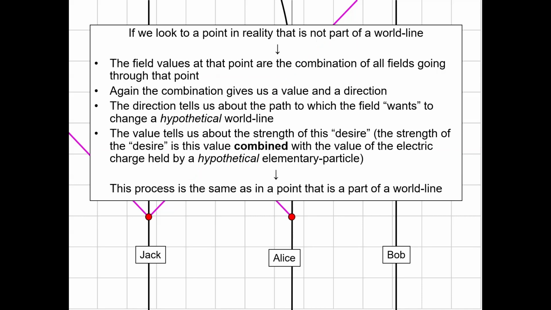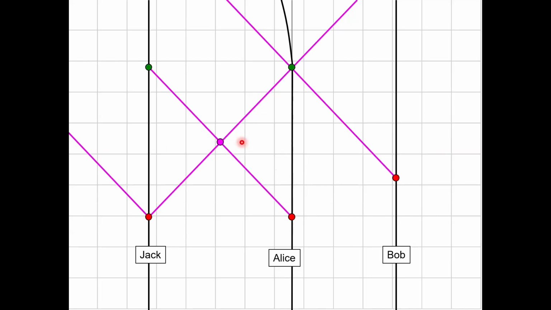So the process is the same as in a point that is part of a world line. The final field at this point and at this point are determined by the same process, the combination of the fields that affect these points.